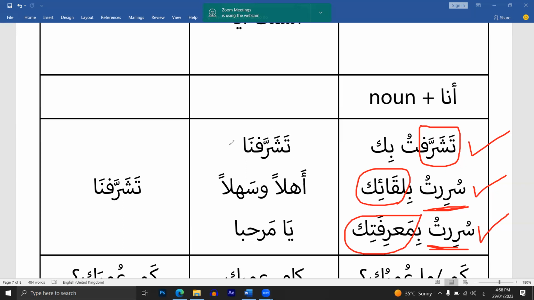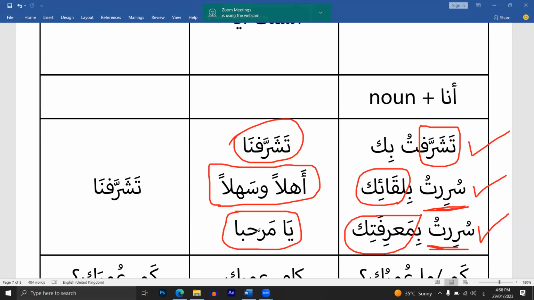In daily Arabic, we can use this one: تشرفنا. Some Arabs use أهلا وسهلا, which we used in greeting. You can also use it to express that you are welcoming the person. Or يا مرحبا.